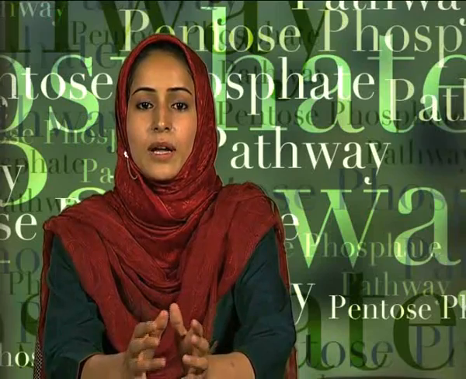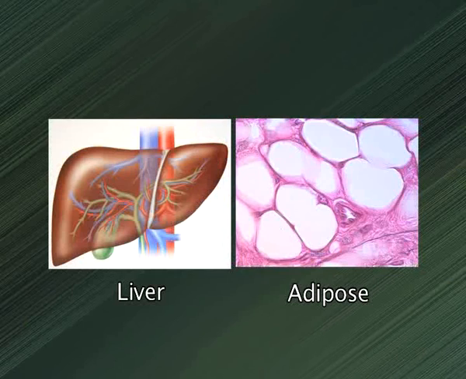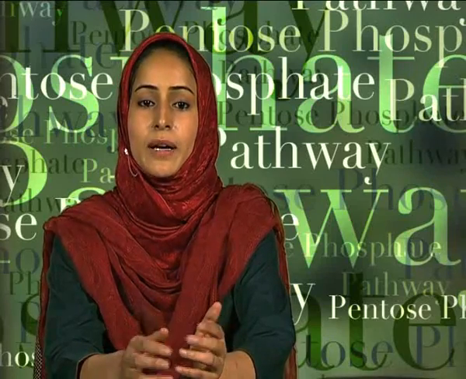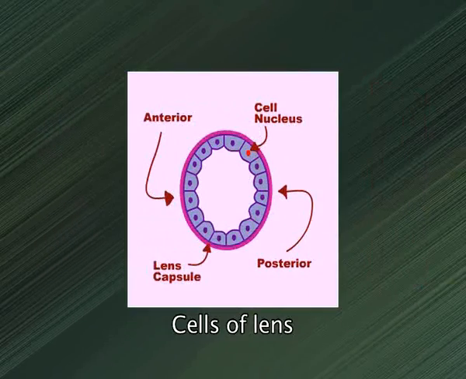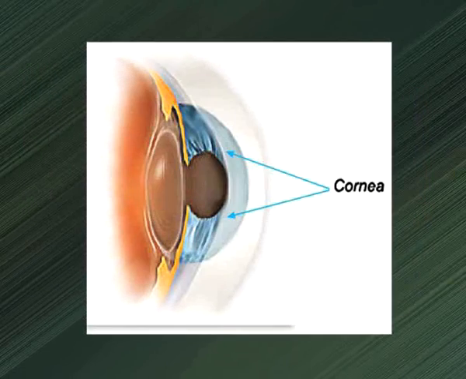Tissues that carry out extensive fatty acid synthesis, like liver and adipose, or cells that are very active in the synthesis of cholesterol and steroid hormones, like liver, adrenal gland and gonads, require NADPH that is provided by this pathway. Erythrocytes and cells of the lens and cornea are directly exposed to oxygen and thus to damaging free radicals generated by oxygen.